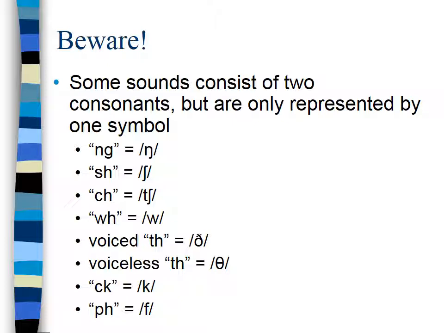But obviously you need to say it out loud and pay attention to the fact that it's only making one sound. And when we transcribe, we're transcribing sounds. We're not transcribing letters. So examples here: the ng is one symbol, the sh is one single symbol, ch, wh, etc. ck is just a k phoneme, and the ph as in phone is an f phoneme.